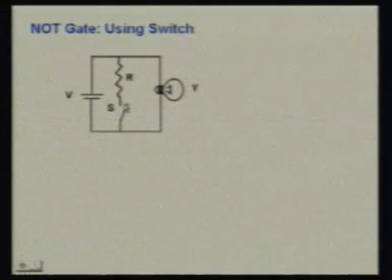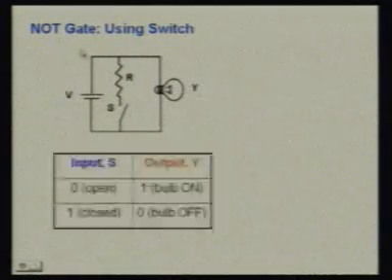So if the switch is closed, that is the switch is in the 1 state, the input is in the 1 state and the output is in the 0 state. So we get the output as the complement of the input. This is a NOT gate. NOT gate means inverted: whatever you have at the input is inverted at the output. This is the truth table for the NOT gate. Here we have recognized S as the input, and the glowing or not glowing of the bulb as the output Y.